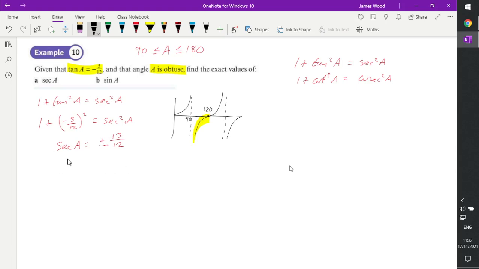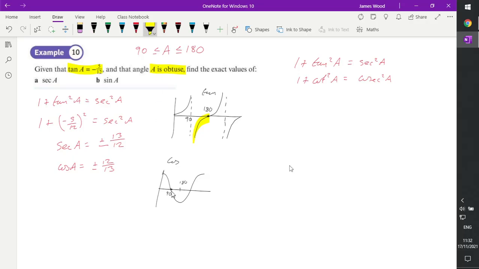So sec A is this. We could think about the graph of sec A, but it's probably more convenient to think about the graph of cos A, which is 1 over this. So that would be plus or minus 12 over 13. Let's draw the graph of cos. This is 180, and this point is 90.